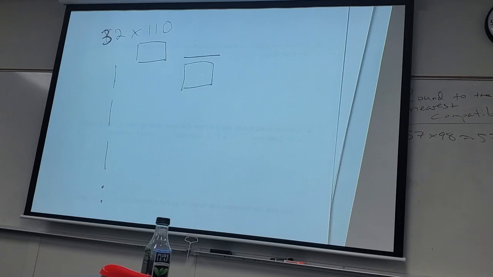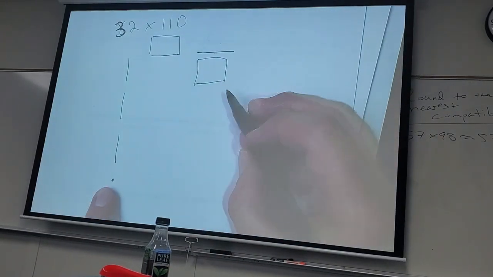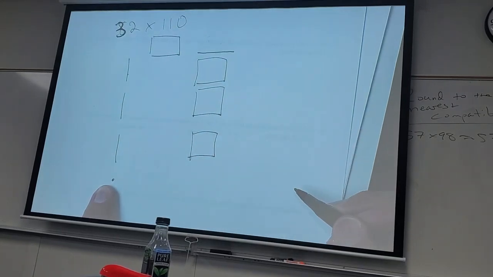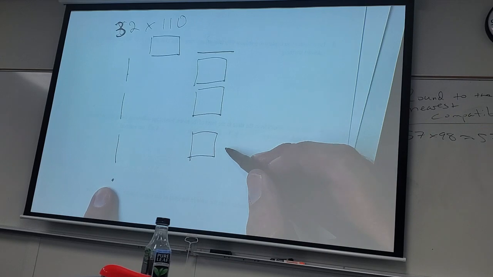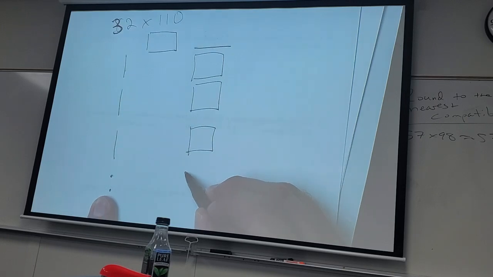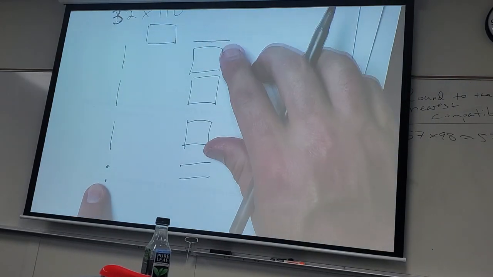Let's work on this first. So I'll get a flat there, and a flat there, and a flat there. And then watch what happens here. What's one way to look at it? Yeah, I get 2 longs there. That's 1 times a long and 1 times a long.